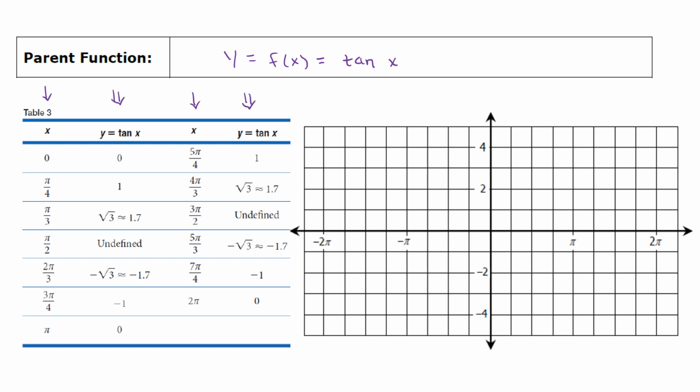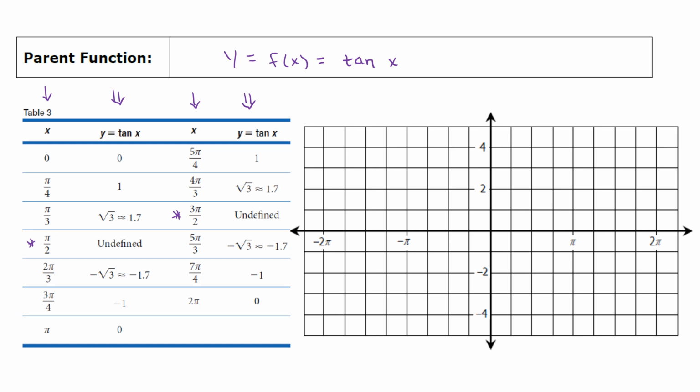Note that at pi over 2 and 3 pi over 2, our y value is undefined. Therefore, there is no y value that exists. So we are going to place dashed lines to signify that our y is undefined at that x value.